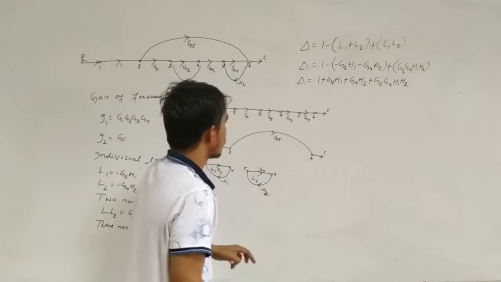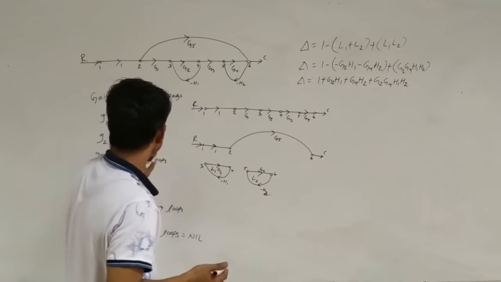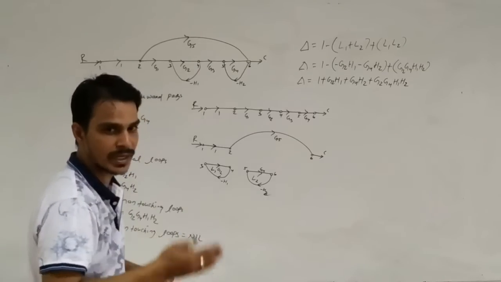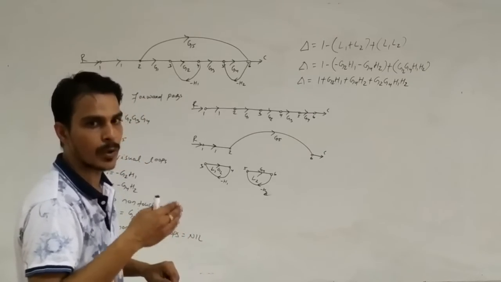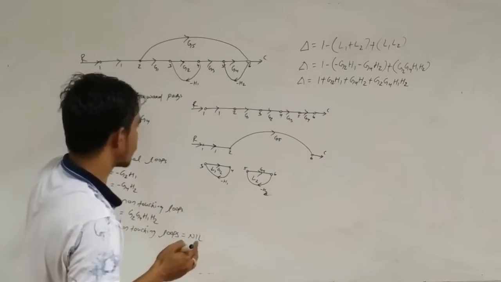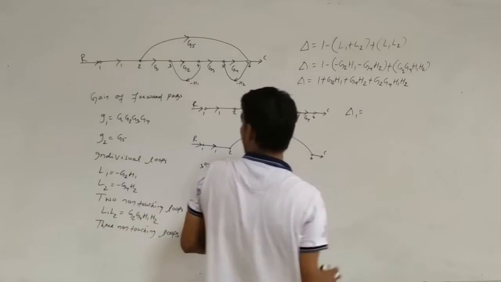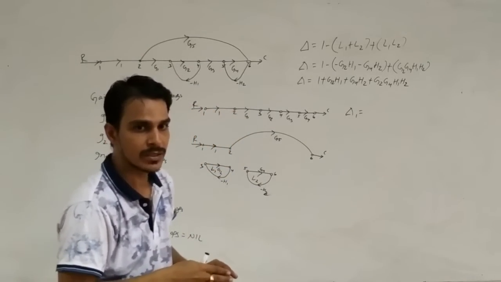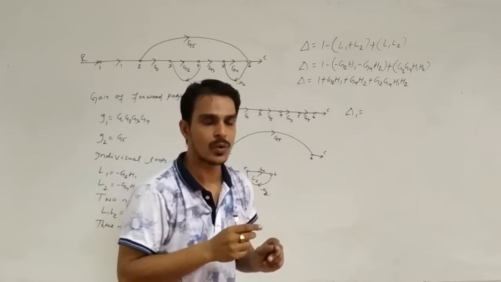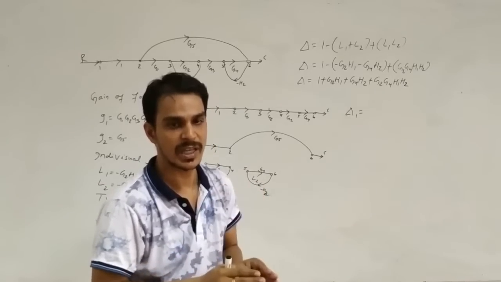Now we have to find out delta k. Here two paths are there, so delta 1 and delta 2 we have to find out. K is the number of forward paths. So delta 1 equal to what? Already we have discussed, delta k is 1 minus the loop gains which are not touching the kth forward path.